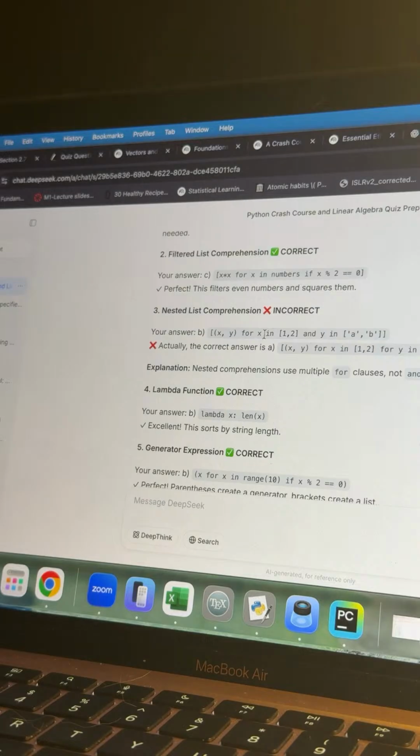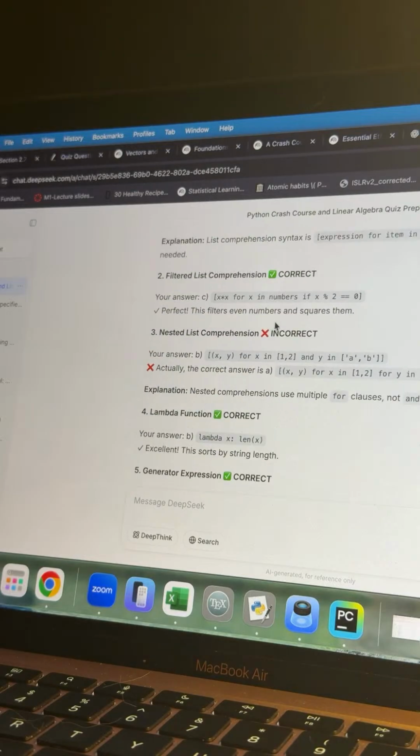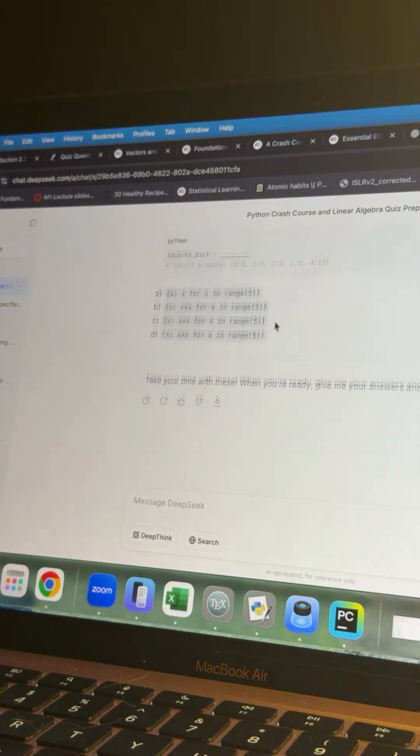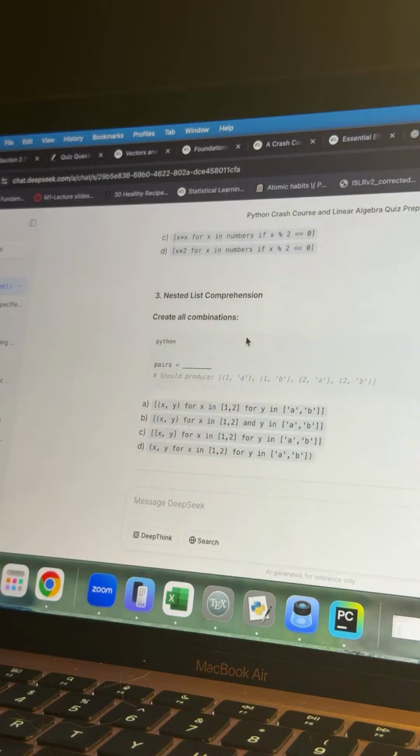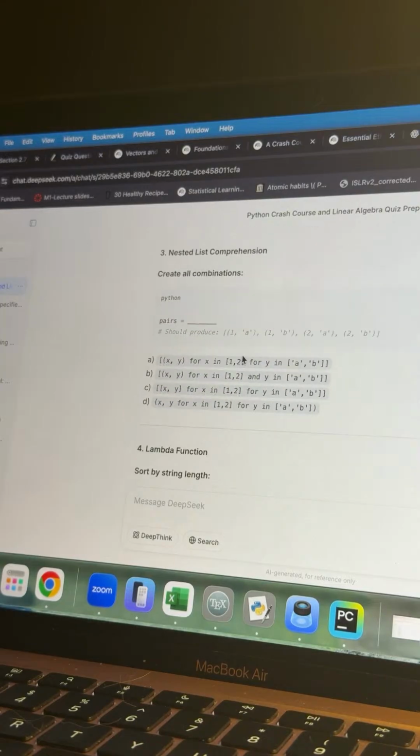And then the nested list comprehension, your answer is B. The correct answer would be A. Wait, let's look back at what this question was for number three. I know I could scroll, but I don't know why my mouse is not working. It's A. What did I put for this?